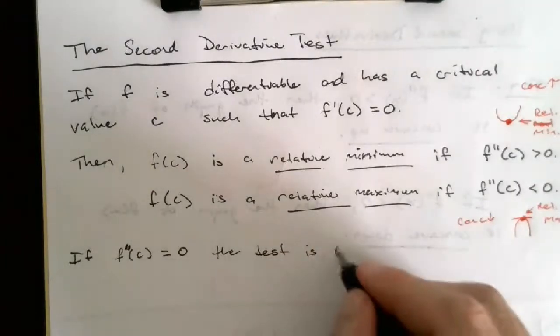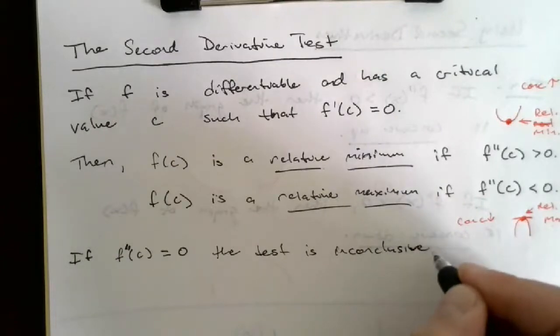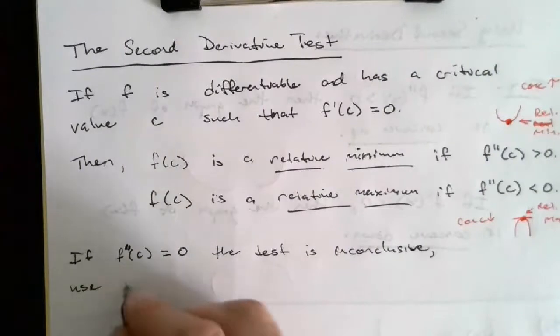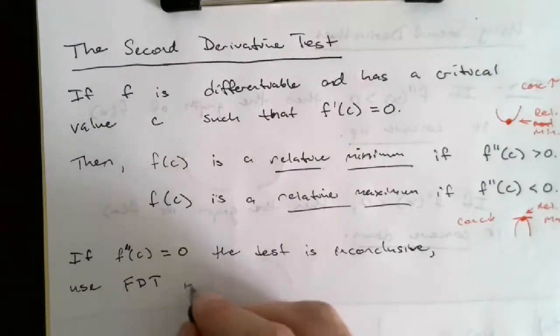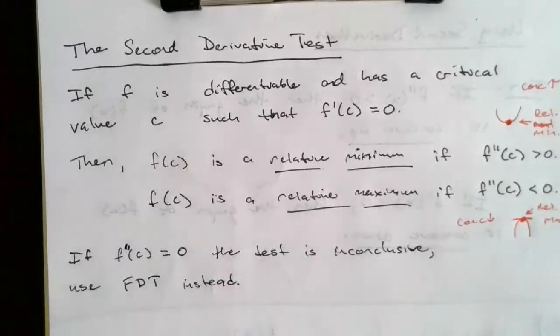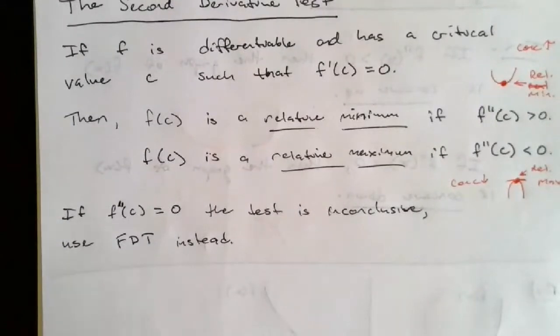It really doesn't tell you anything. So you should use FDT, for short, first derivative test, instead. Now when I say first derivative test, remember that's where you're using a number line for f prime, the first derivative, and you're determining where f prime is positive or negative on intervals to determine where the original function is increasing or decreasing.